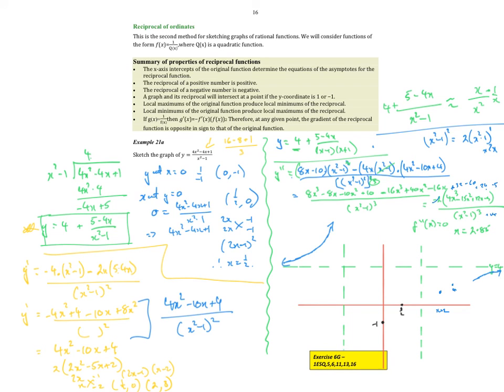What's that? Negative 56, so that's a negative inside, negative out the front makes it a positive. So it's a minimum value there because our second derivative is positive.